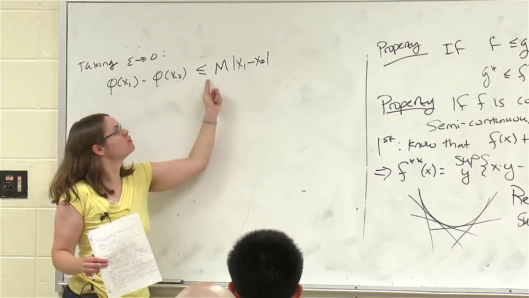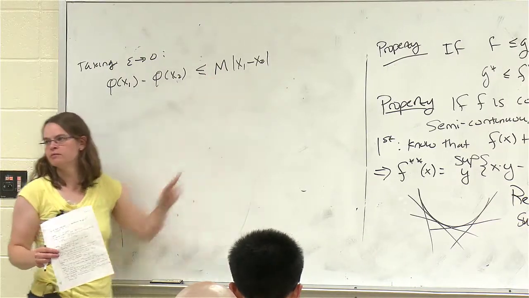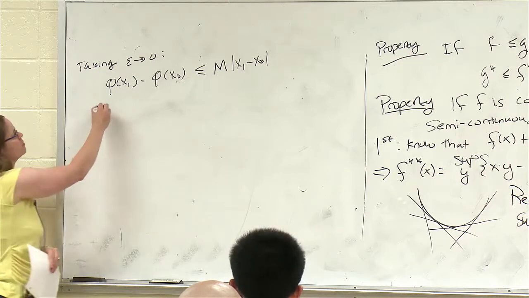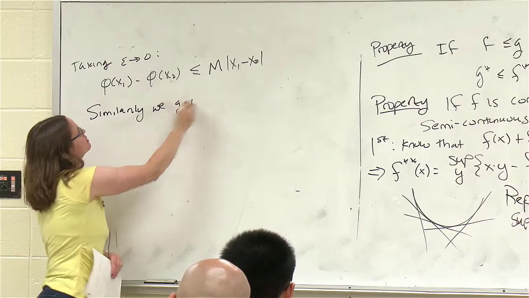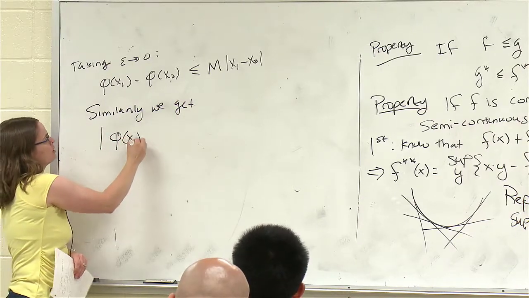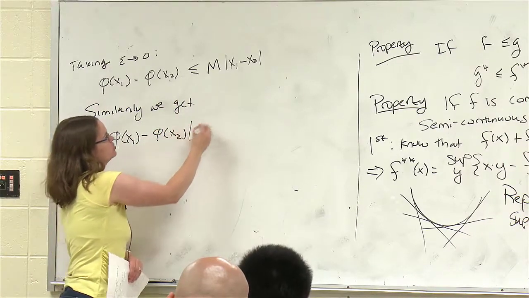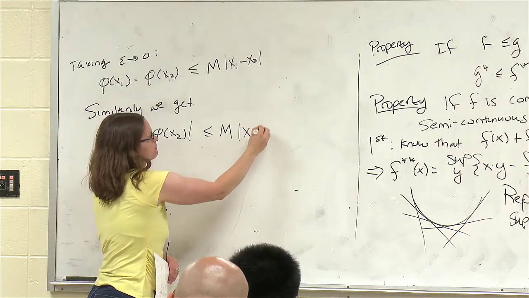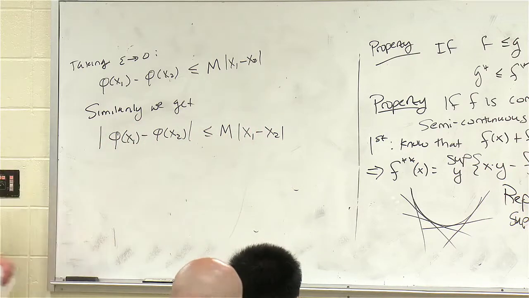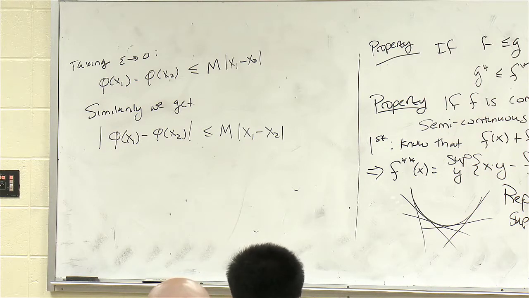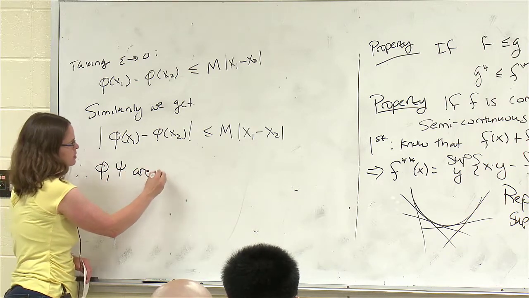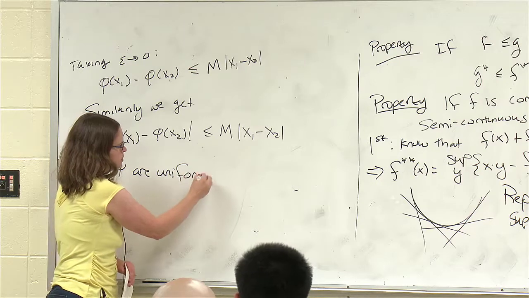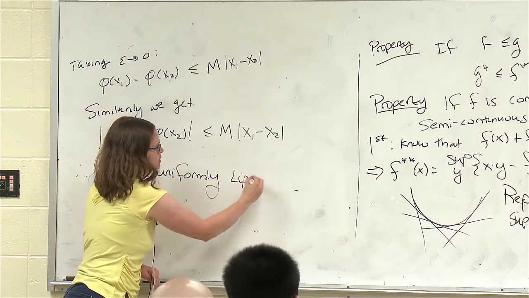I would have gotten the same thing with exactly the same constant here. Okay, so similarly, we get bounds on the magnitude. And same thing for C. Okay, so in the end, we're going to get phi and C are uniformly Lipschitz.